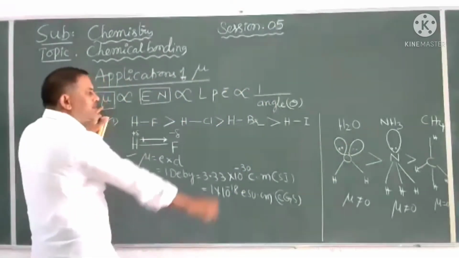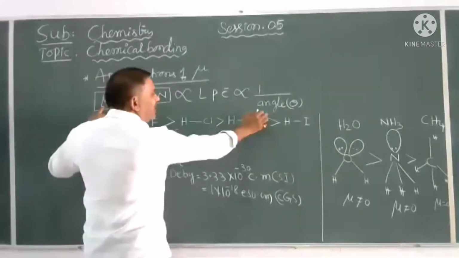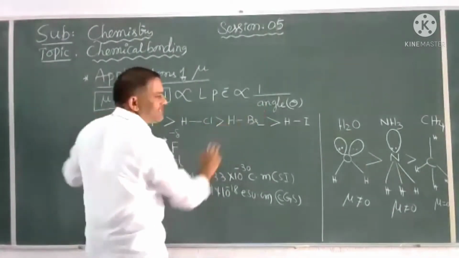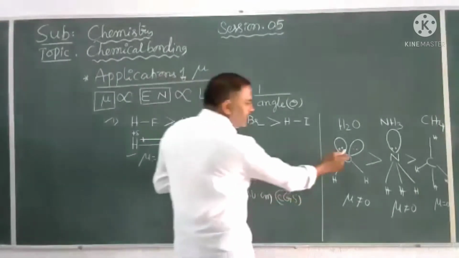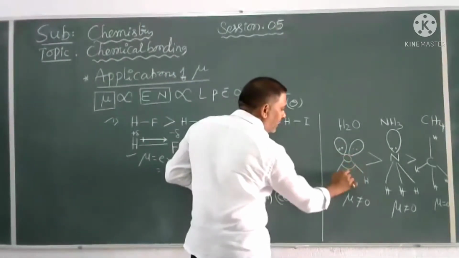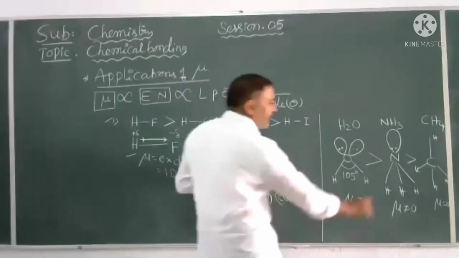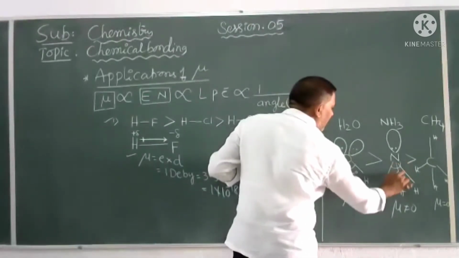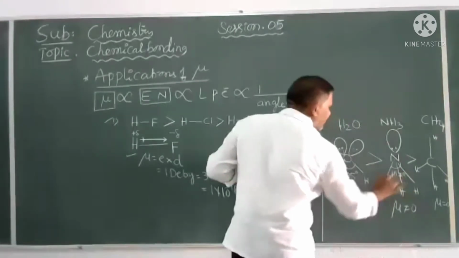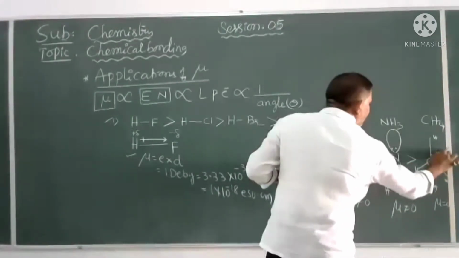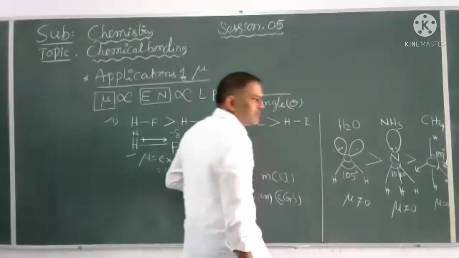And dipole moment is inversely proportional to the angle. It means when the dipole moment is more, the bond angle is less. For water, the bond angle is 105 degrees, but for methane the bond angle is 109 degrees 28 minutes.